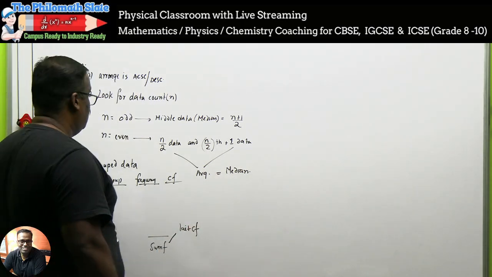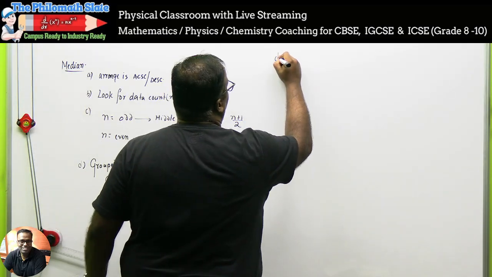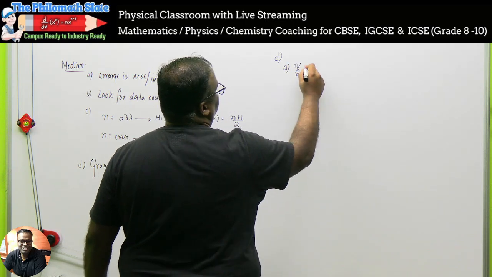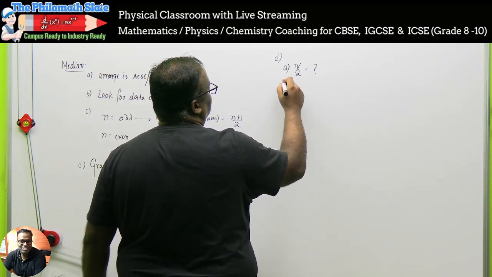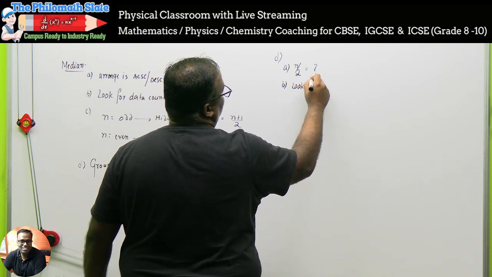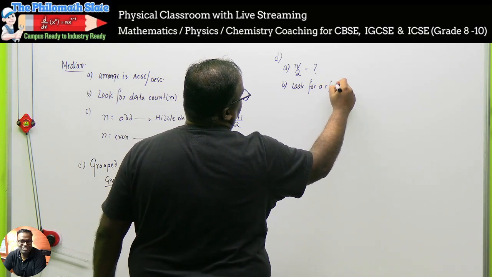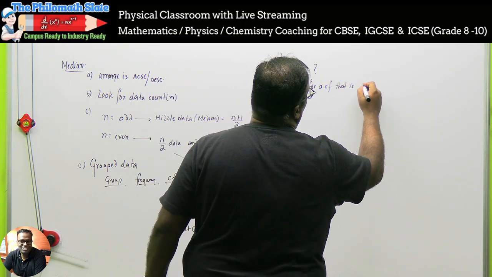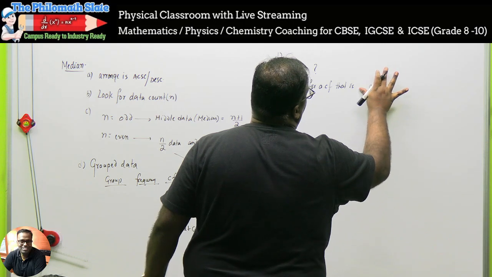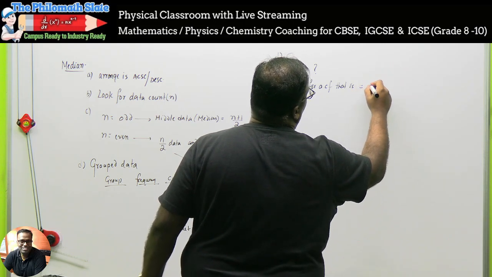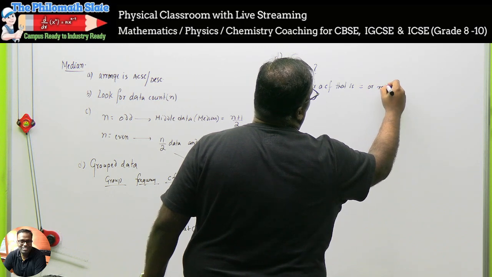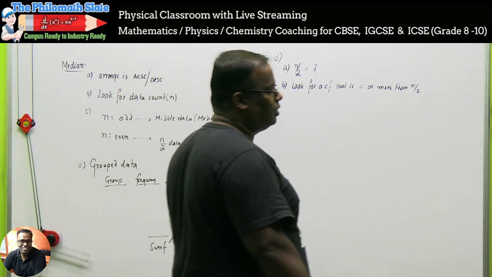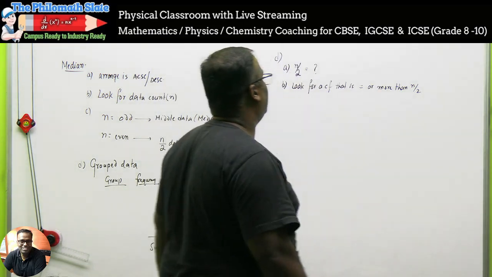Okay, now I'm elaborating part A. Calculate n by 2. First ascertain what is n by 2. Then B would be look for a CF that is equal to or more than n by 2.